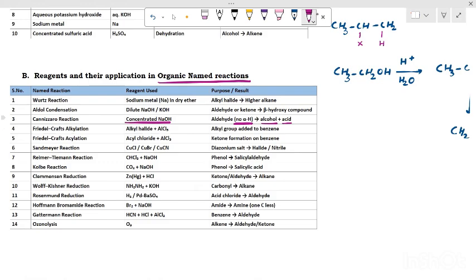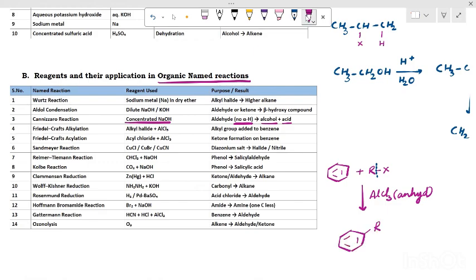Friedel-Crafts alkylation reaction. So in Friedel-Crafts alkylation reaction, we attach an alkyl group to the benzene. That is, if you take benzene and react with alkyl halide, let's say RX, in presence of AlCl3, anhydrous, without moisture, there is formation of carbocation in this reaction, and this carbocation attacks the benzene ring, forming alkyl benzene as the main product.